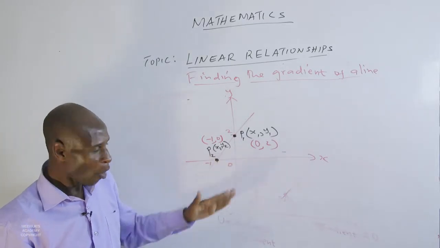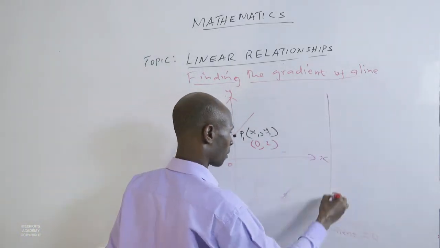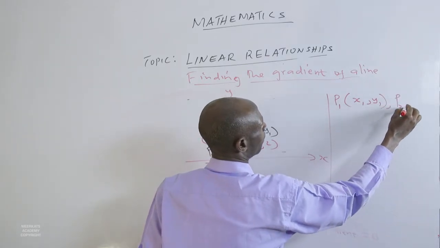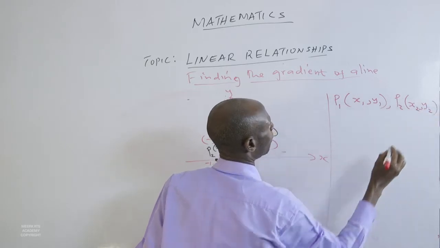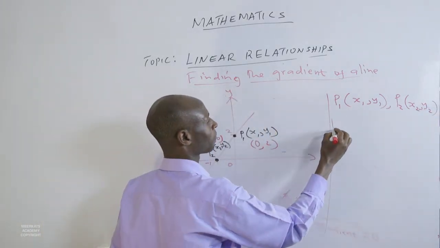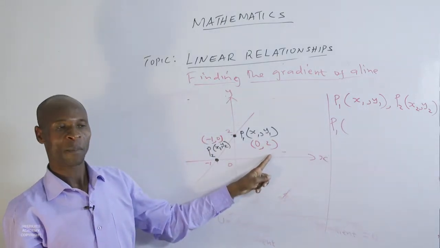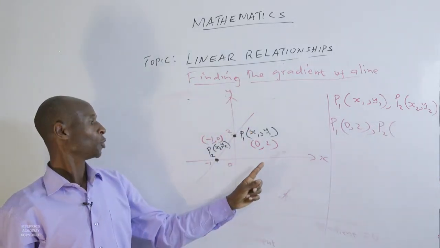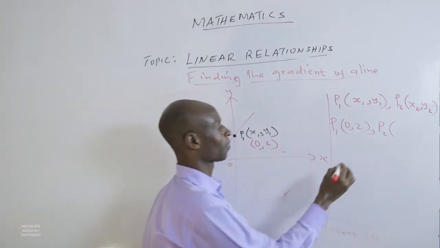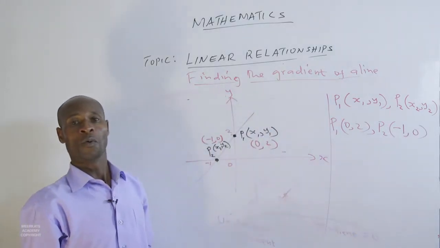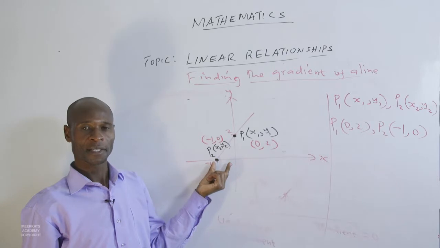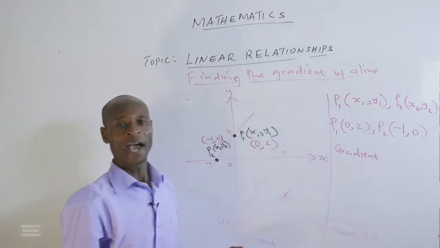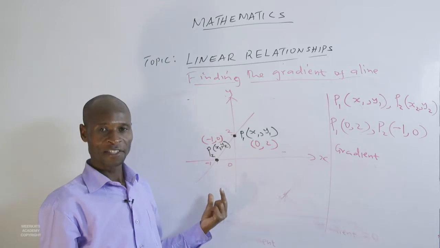Now, having identified the 2 points, point P1 as (0, 2), while point P2 as (-1, 0), we can calculate the gradient of the straight line by applying our initial formula, rise over the run.